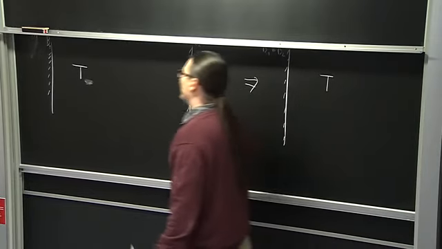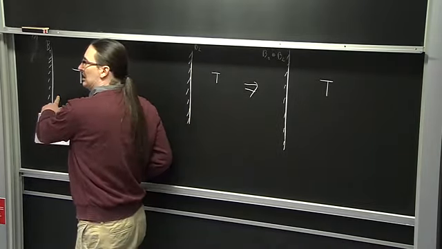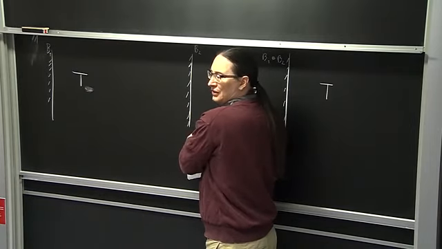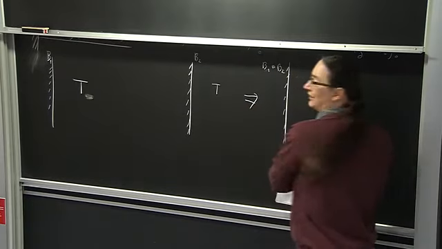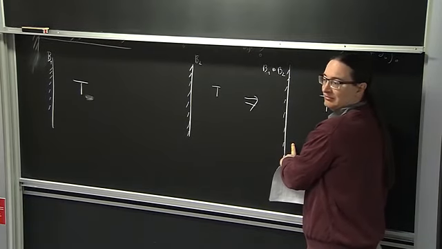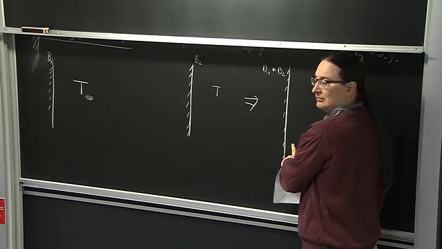If this boundary condition tells me that some field at the boundary goes to 1, and this tells me that some field on the boundary goes to 2, I can have a boundary condition where the field is allowed to go to either 1 or 2 at the boundary. And that's fine.